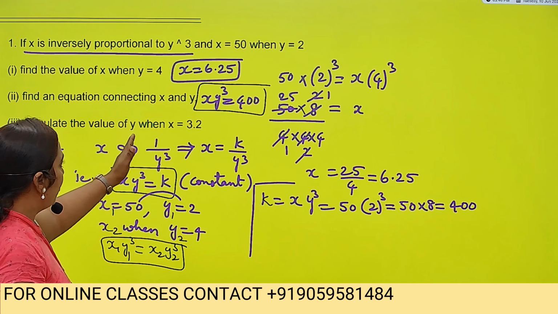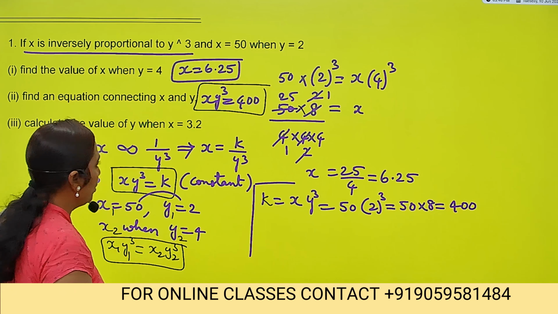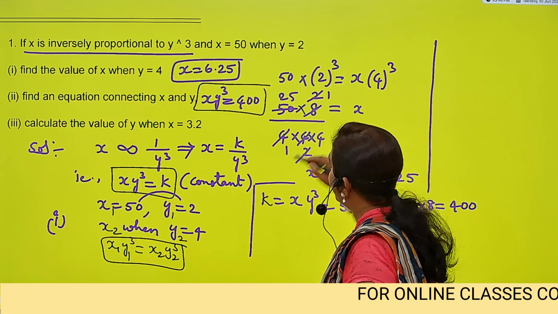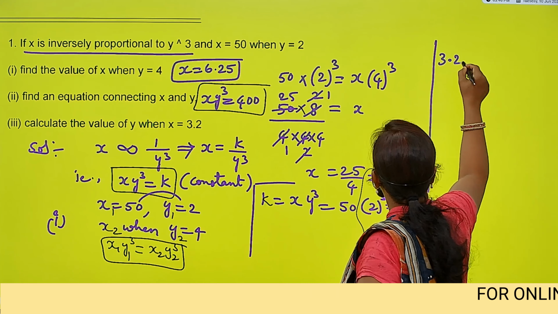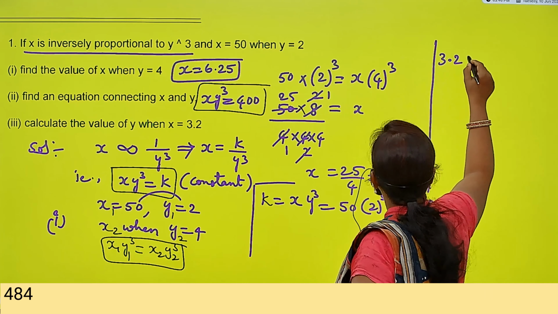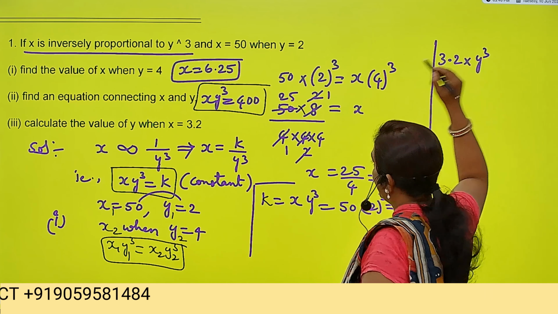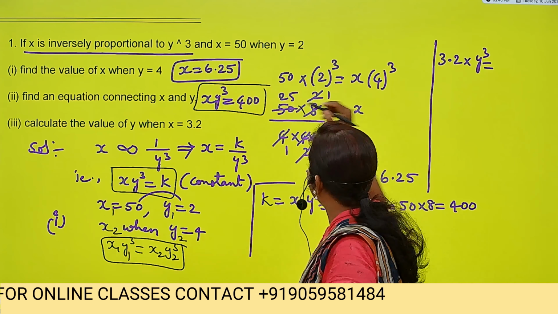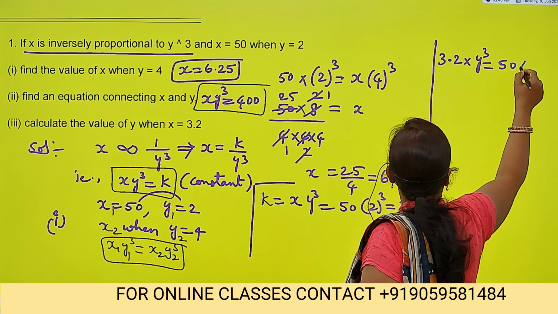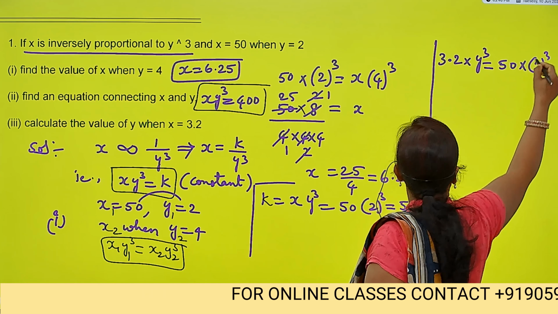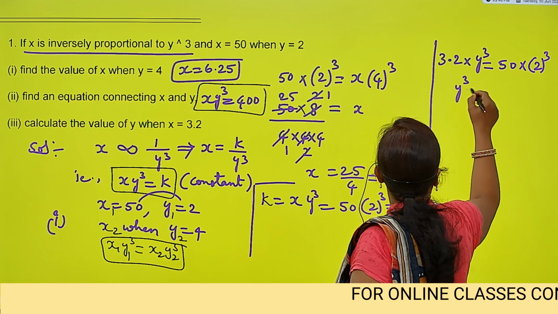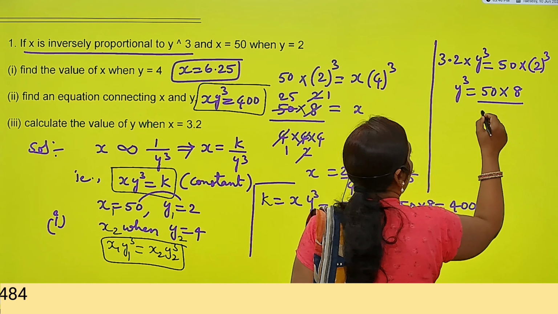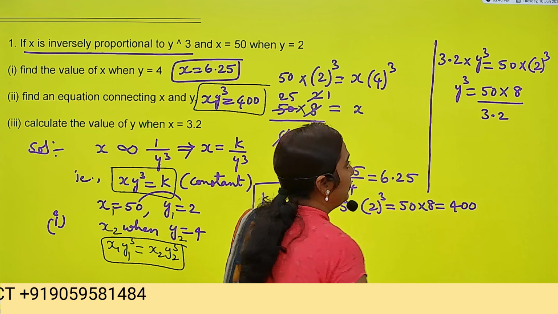Calculate the value of y when x equals 3.2. Take 3.2 in the place of x, and what is y? We don't know. Y cube equals, in the first case, what is x? 50. What is y? 2 cube. So y cube equals 50 multiplied with 2 cube, which is 8, over 3.2.